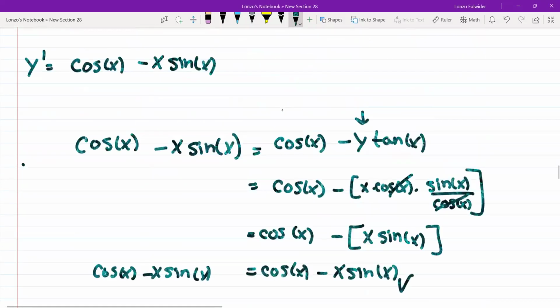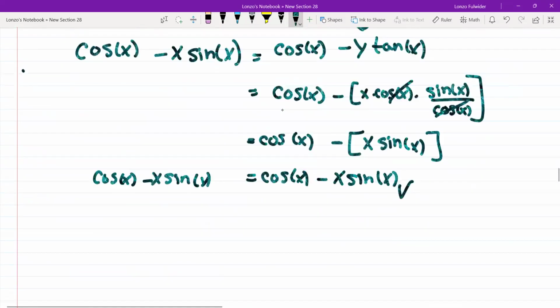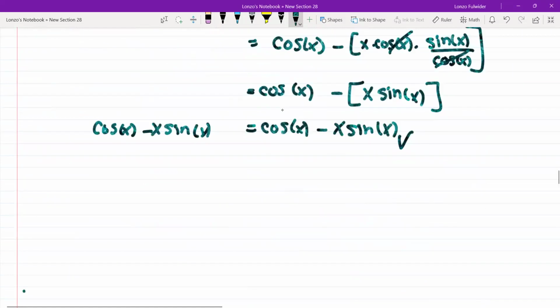Oh, we have to use our initial condition. We have to use the coordinates. So you're going to need your trig. We said that our initial conditions, well, our x is pi over 4, and my y is pi over 4 radical 2, right?